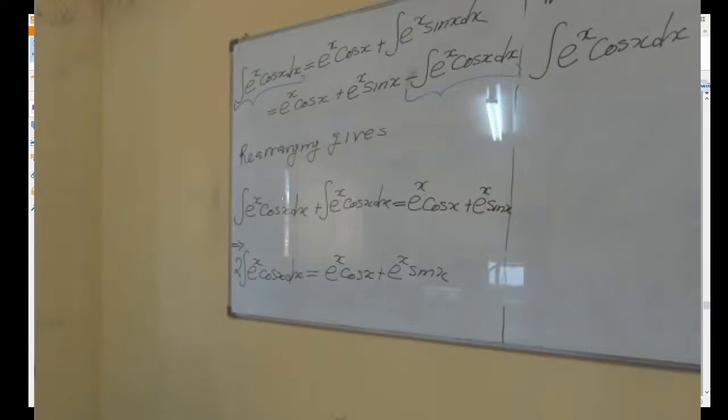Then you are done with your integration, of which if you want, you can write it as e power x over 2 multiplied by the cosine of x plus the sine of x.